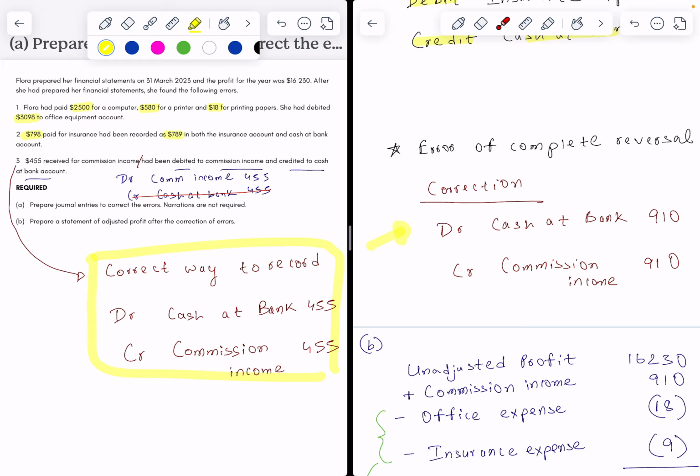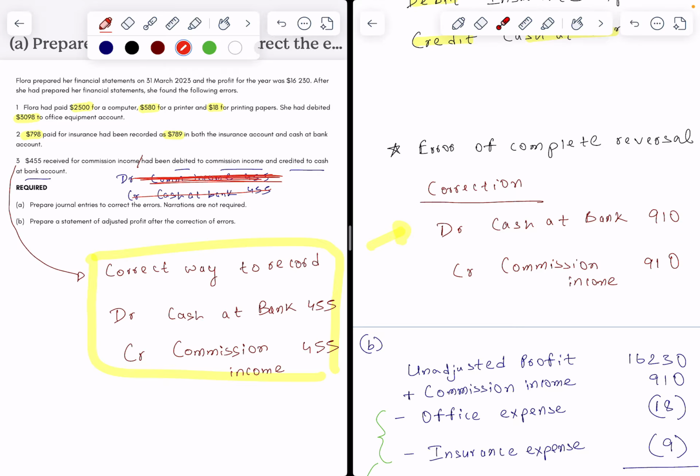We want to write credit commission income by $910, because when we do that, it first offsets the entire debit commission income of $455 and then leaves us with a $455 surplus on the credit side. So the correct way to correct any error of complete reversal would be to always double it with the opposite debits and credits that the mistake had been made with, in this case.